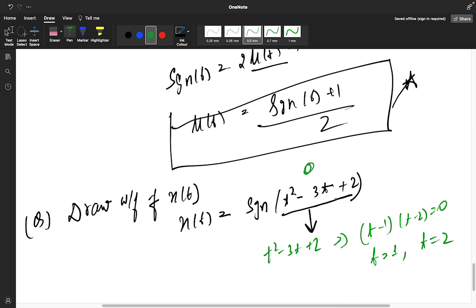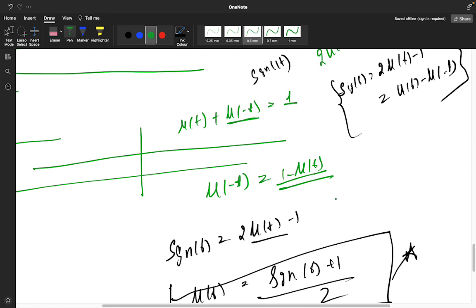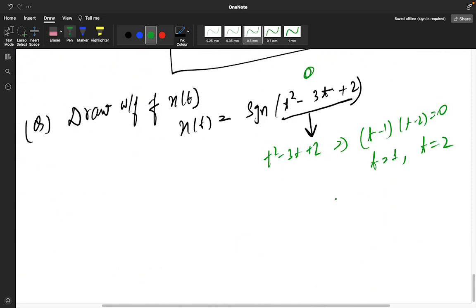So how will our equation look? What is the normal signum curve?